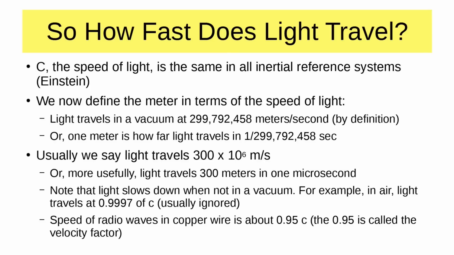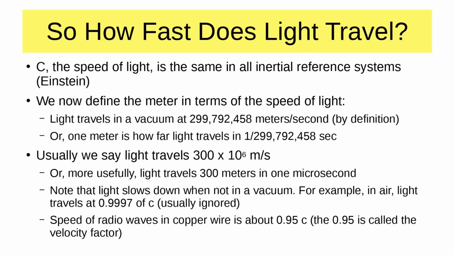Now, there is something to note: radio waves don't just travel in air or in a vacuum, but electricity can travel in copper wire. In copper wire, the velocity factor is the difference between the speed of light and the speed that it actually goes, and it's about 0.95 for wire.